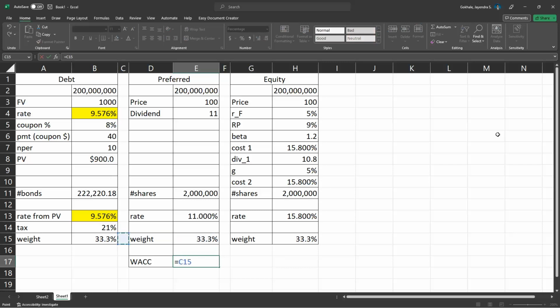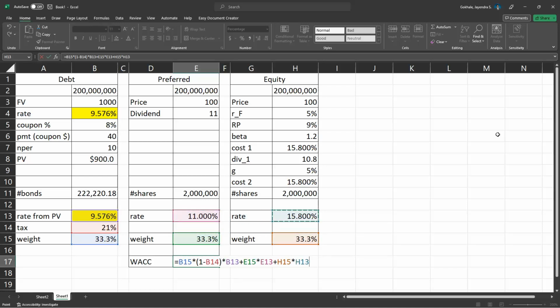So let's start with D. D by V times parenthesis 1 minus the tax rate times the rate of return of debt. First part done. Second, PS by V times the return on preferred share plus E by V times the return on equity.